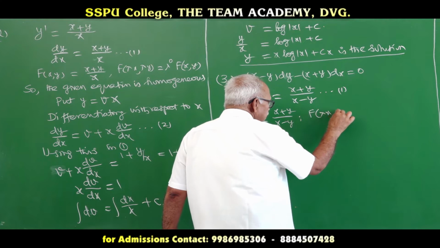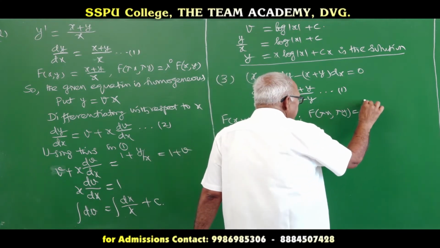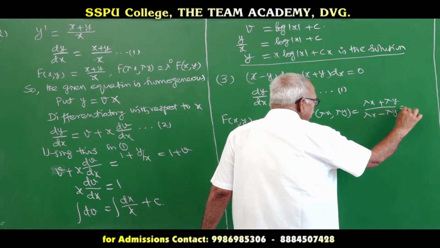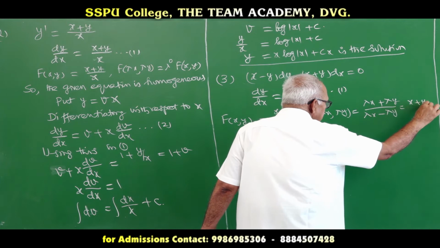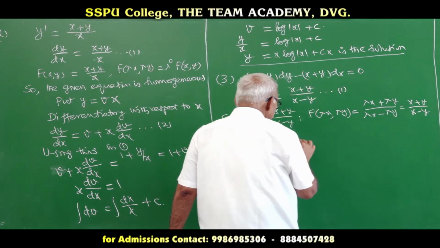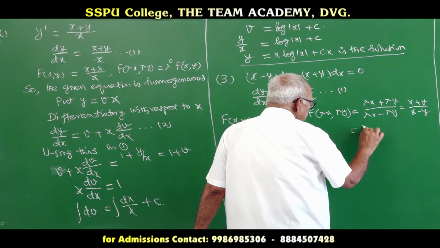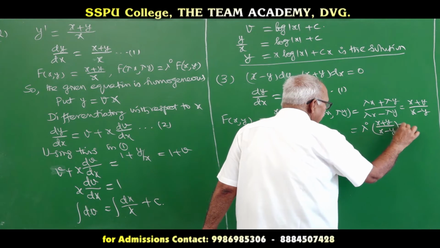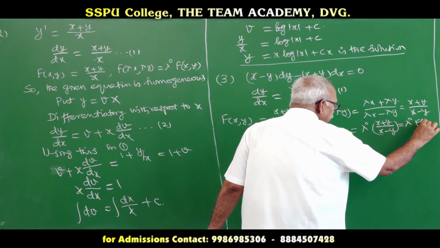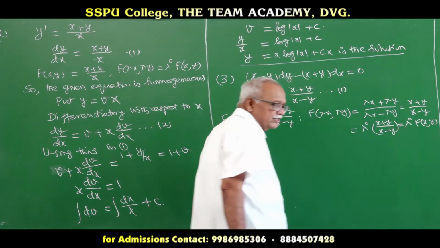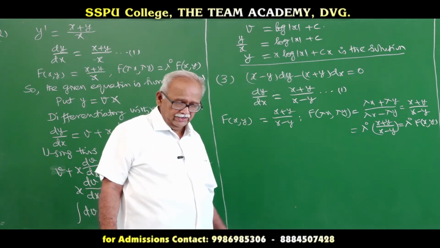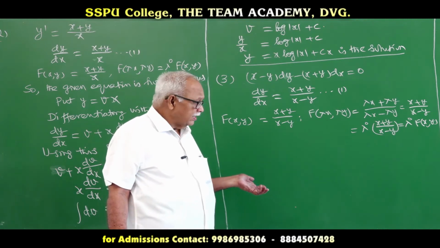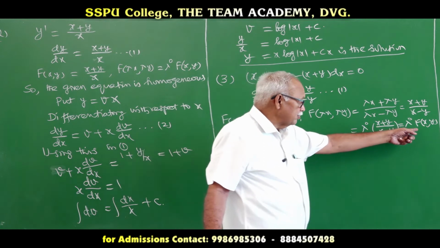f of lambda x, lambda y is equal to lambda x plus lambda y by lambda x minus lambda y. This is equal to x plus y divided by x minus y. So, this can be taken as lambda power 0 into x plus y by x minus y, or lambda power 0 f of x y. So, definition of homogeneous functions, first definition: change x to lambda x, y to lambda y, and write it in the form of lambda power n into f of x y.